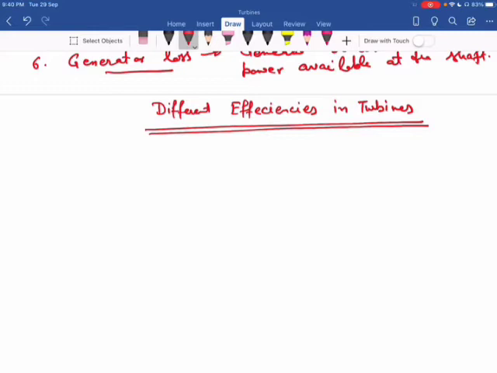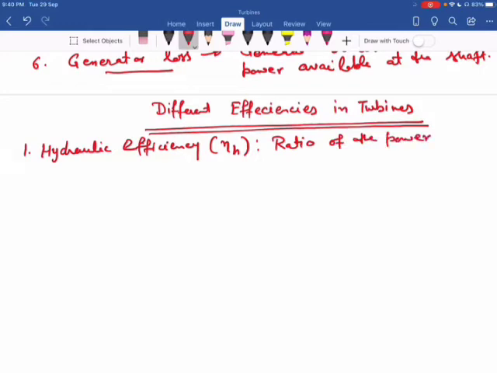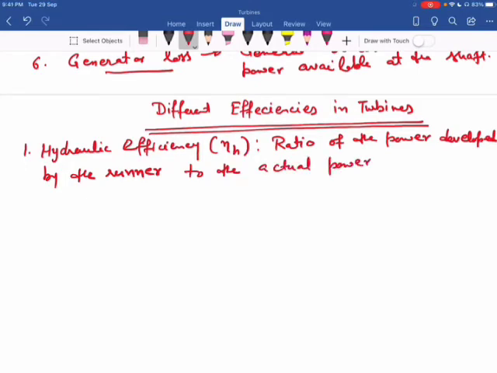The first efficiency is the hydraulic efficiency. It is denoted by eta h, and it is defined as the ratio of the power developed by the runner to the actual power supplied by the water to the runner.